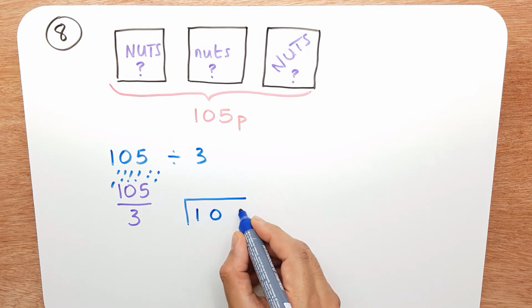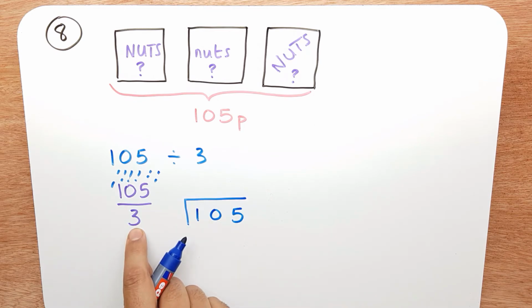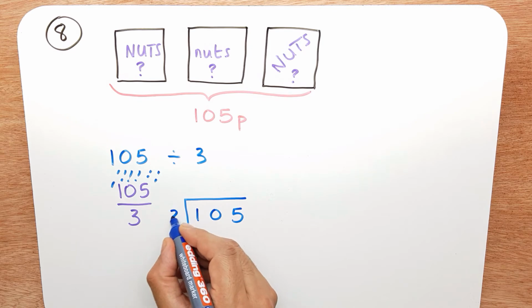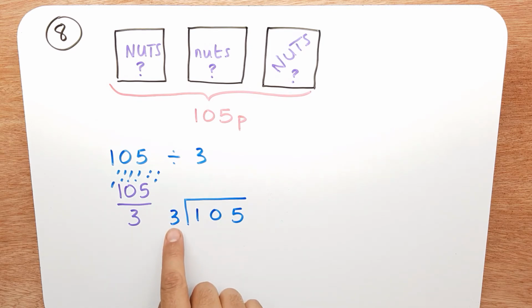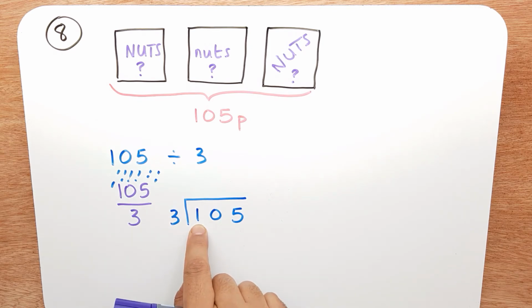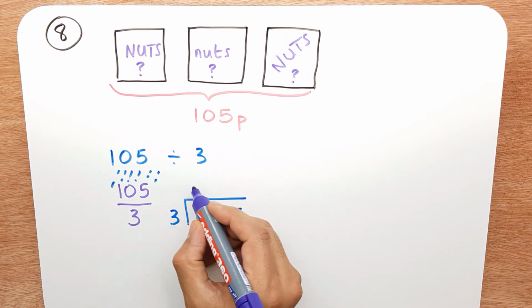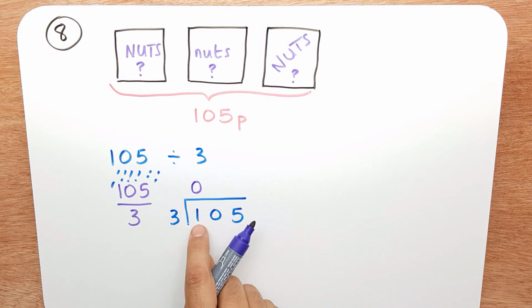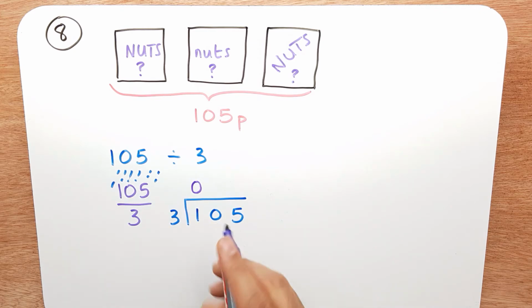We need to keep it dry. And this 3 has to go outside. How many 3s are there in this 1? We can't get any 3s from there, so we put 0 there. And we carry the 1 over to the 0.